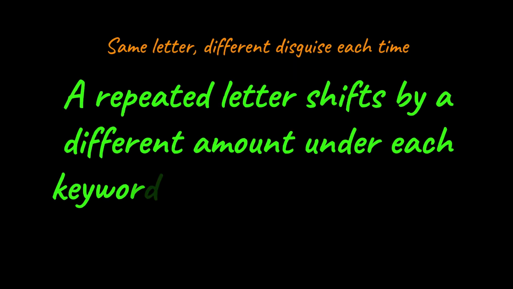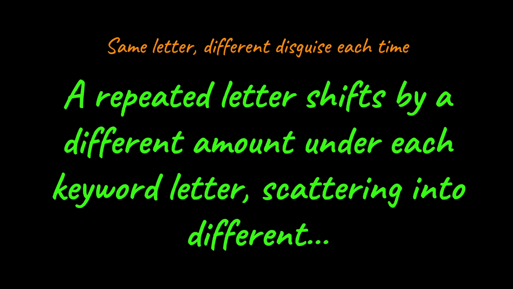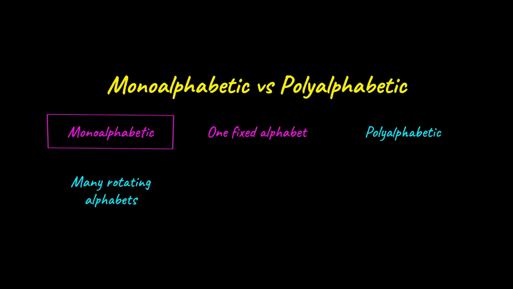Consider a plaintext word with the same letter twice in a row, falling under two different keyword letters. Each occurrence shifts by a different amount, so it encrypts to a different ciphertext letter, and that scattering is exactly what defeats frequency analysis. A monoalphabetic cipher uses one fixed substitution alphabet, so it preserves letter frequencies and stays fragile.